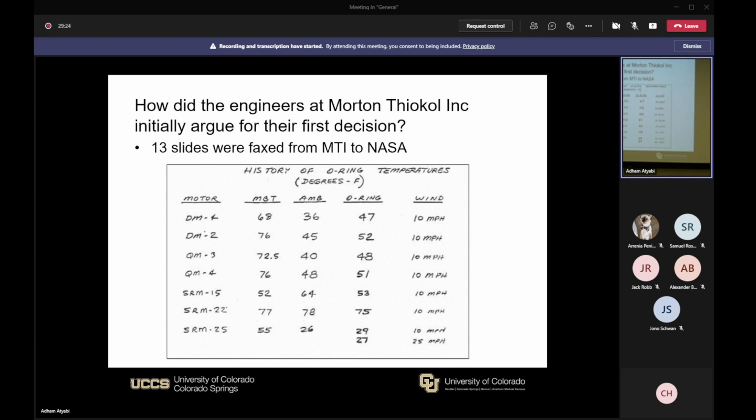Blow-by, not erosion, and temperature for two launches, which is the SRM-15 and the SRM-22. So limited measure of effect, wrong number of cases, and these are going to be the problems. Left out were the other 22 previous shuttle flights and their temperature variations and O-ring performance. A careful look at this evidence would have made the dangers of a cold launch more clear.